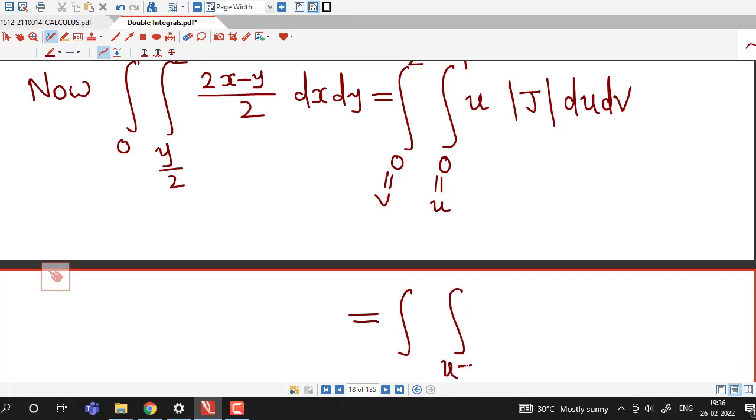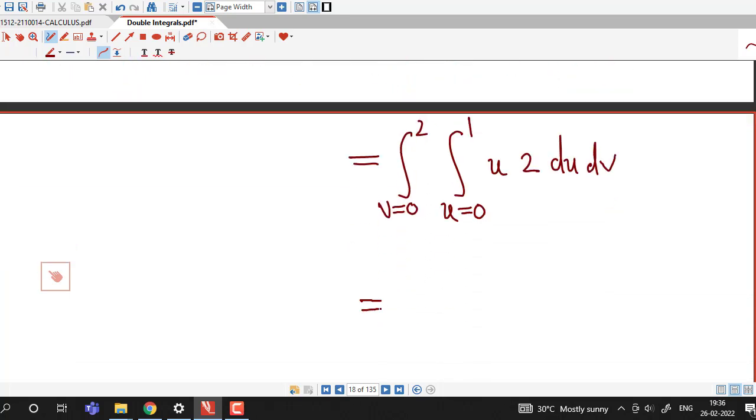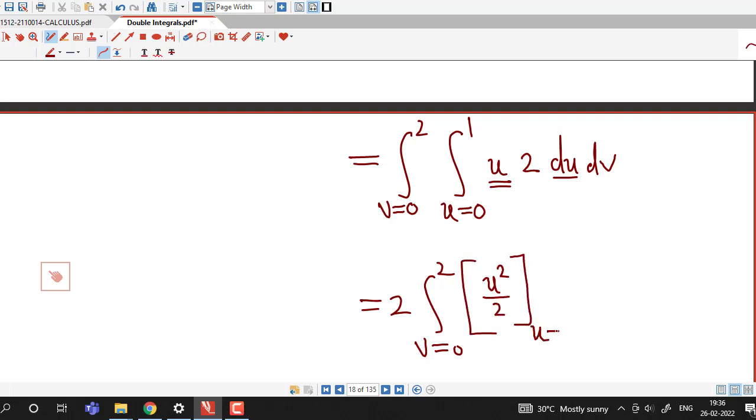So we can easily evaluate this integral. Before that, we put the value of the Jacobian. The Jacobian is 2, integral with respect to u and v. U is from 0 to 1, v is from 0 to 2. We can take 2 outside the integral, it is constant. If we integrate u with respect to u, we have u square divided by 2. Limits of u are from 0 to 1.